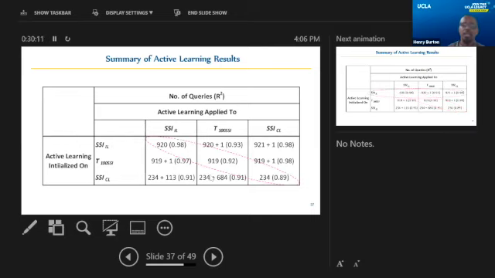The other thing we wanted to ask is, what if we selected a set of events based on SSI, for example? We do our selection based on the immediate loss of SSI, and we take those events and use that as the starting set in the active learning for 100% SSI.